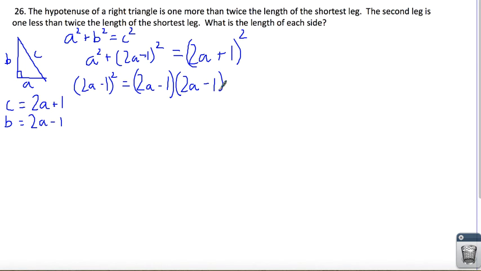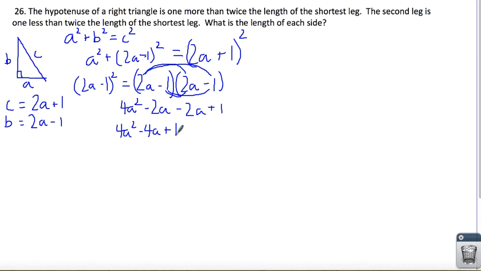And we can multiply these using FOIL. 2A times 2A is 4A squared. 2A times negative 1 is minus 2A. Negative 1 times 2A is minus 2A again. Negative 1 times negative 1 is positive 1. And then combining like terms gives us 4A squared minus 4A plus 1.